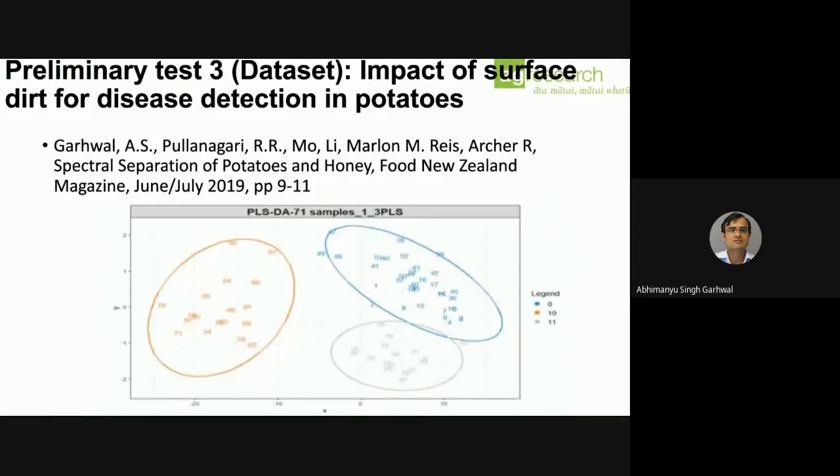And we can see there's a clear-cut difference, like this blue is the dirty potatoes, and this orange color is the healthy potatoes. So we decided that we will use the washed potatoes for our big trial.